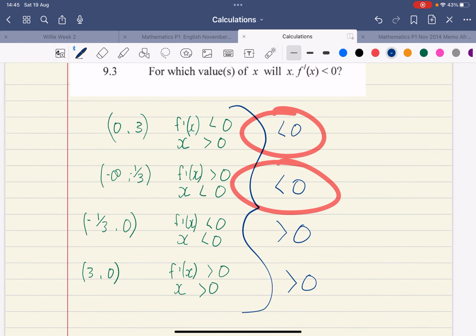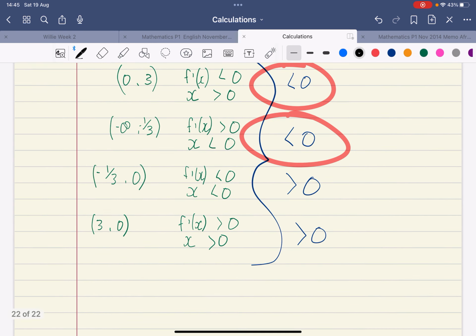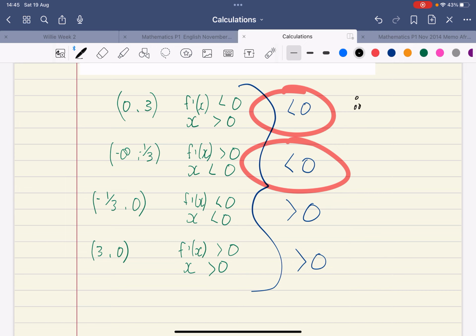So to write that more formally, we can say, therefore, and I like to do notation like this, x will be an element of 0 to 3, and x will be an element of minus infinity to minus a third.